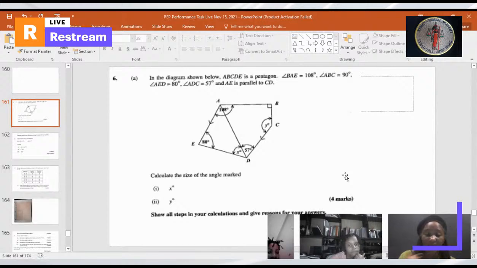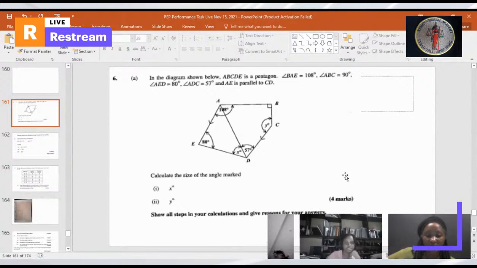The fact that they are parallel means that you see that line that cuts across the two parallel lines? Yes, miss, the line from A to D. That will create what we call alternate angles, or some people call them Z angles.